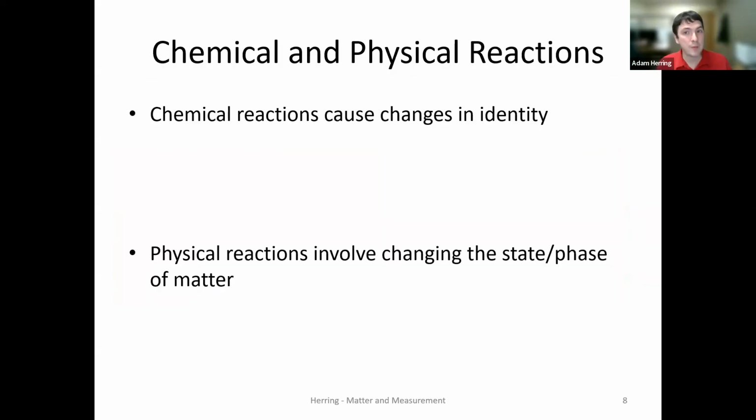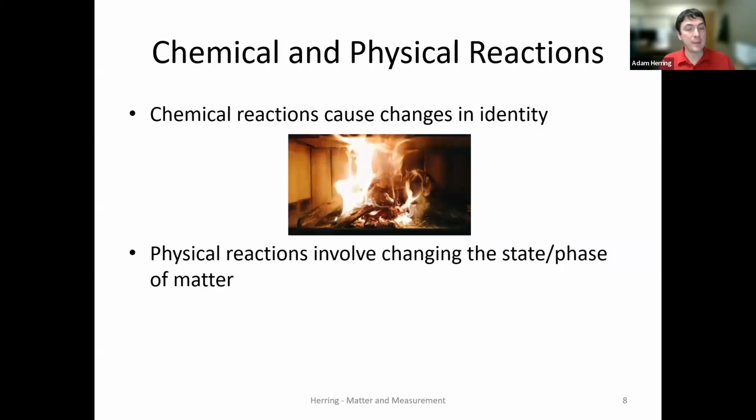Let's now talk about chemical and physical reactions. A chemical reaction is one that changes the identity of the substance, whereas physical reactions change the state or the phase of matter. For example, a chemical reaction could be lighting something on fire. In the case here, we see wood that's being lit on fire.